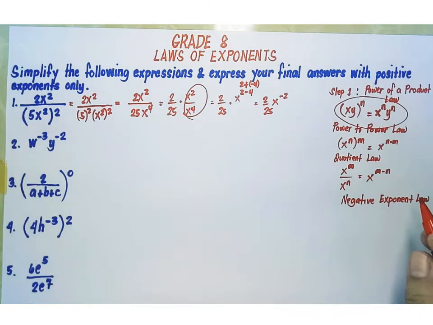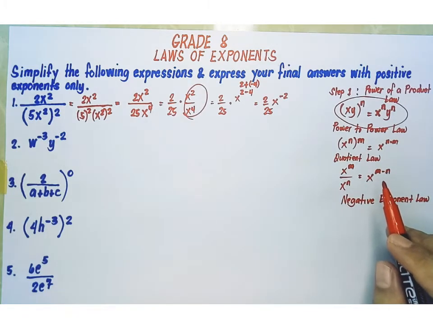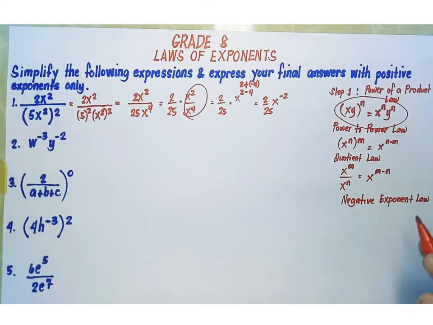Pwedeng you transfer it from numerator to denominator, or you transfer the term from denominator to numerator. Ganun ang flipping, ang reciprocal. And flipping or changing position comes with changing the sign of the exponent. So from being negative exponent, pag nag-change position, nagiging positive ang exponent.